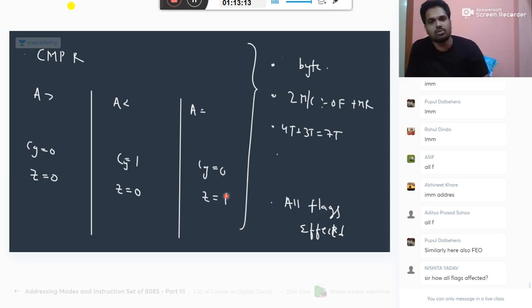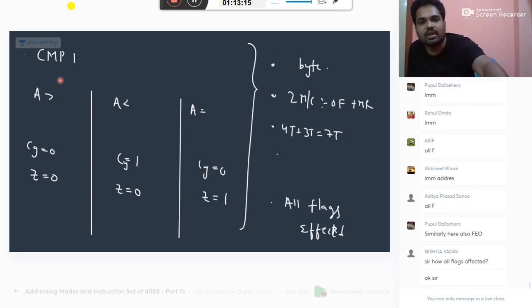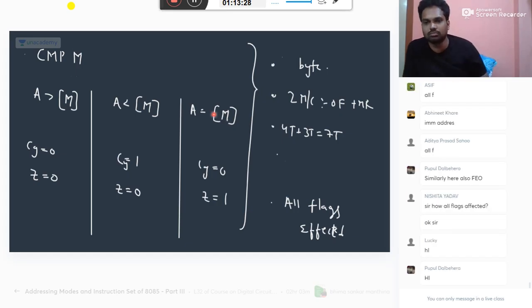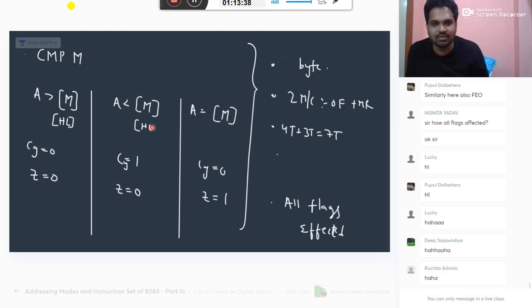So opcode fetch, memory read, 7 T states. Memory pointer means register indirect addressing. All flags affected. After memory read, it needs to compare. Fetch execution overlap will be there.